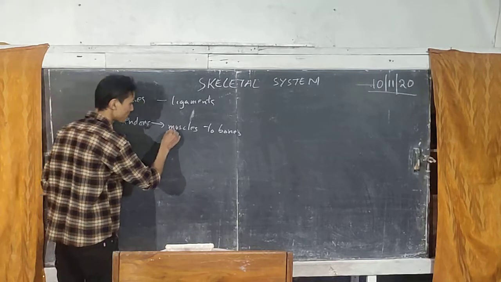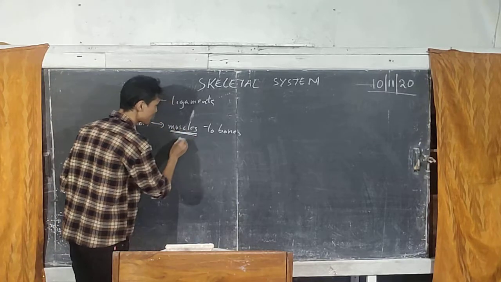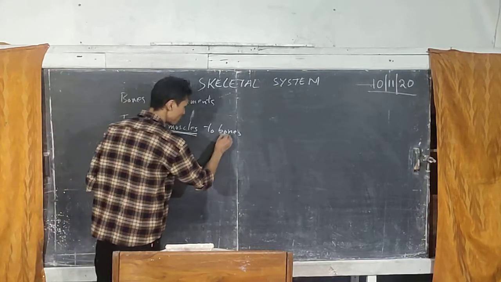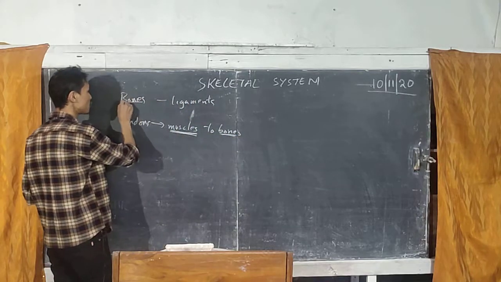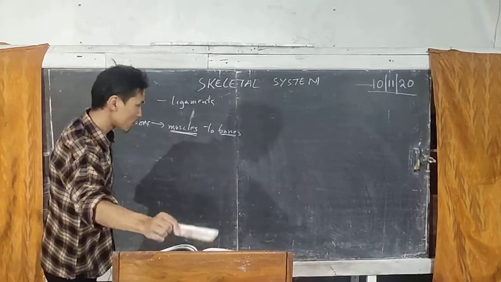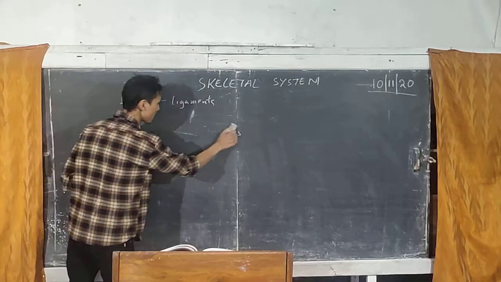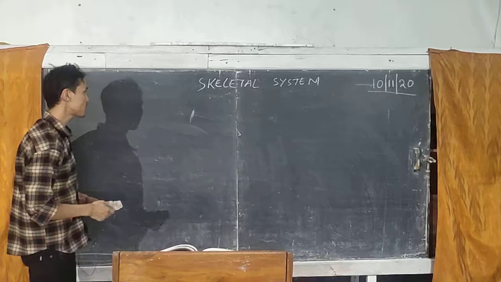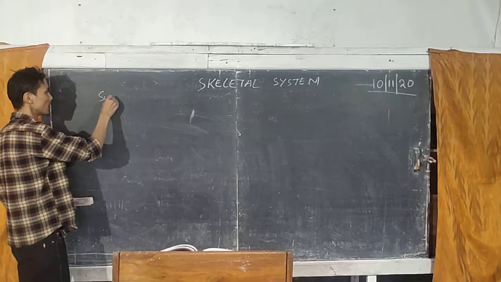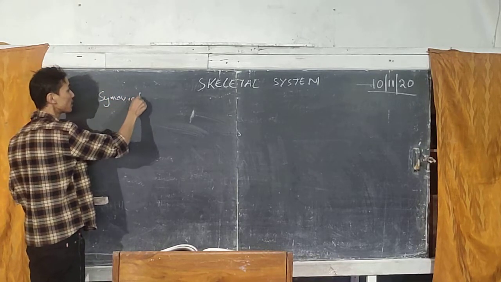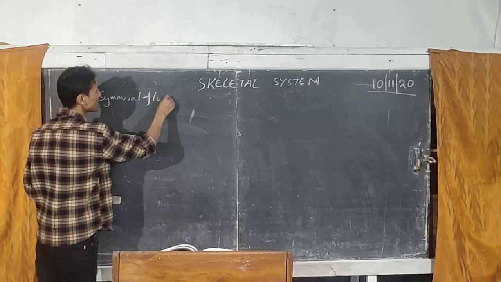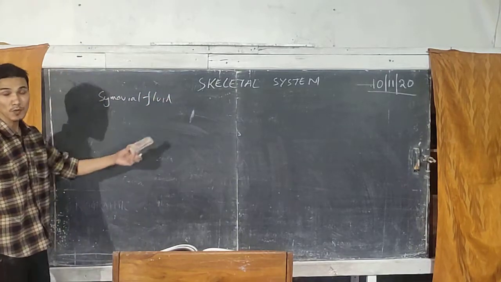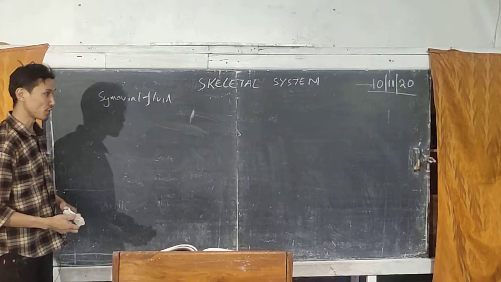It is because of the contraction and relaxation of the muscle that we are able to move the bones, that means joints. Now, joints are protected by a special fluid called synovial fluid, and whenever a joint has such a fluid, it is known as a synovial joint.